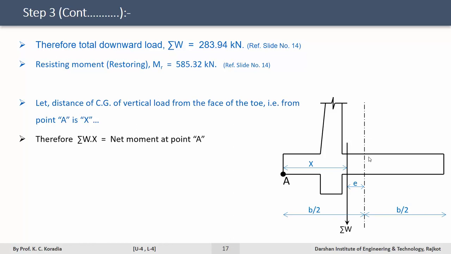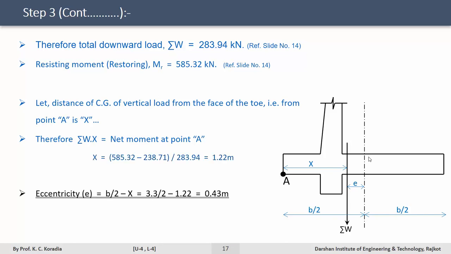Therefore, summation of all vertical load into x should be equal to the net moment at point A. Therefore, x will be equal to net moment, that is MR minus MO, 585.32 minus 238.71, divided by sigma W, that is 283.94, which comes out to be 1.22 meter. This is the distance of vertical load from point A.